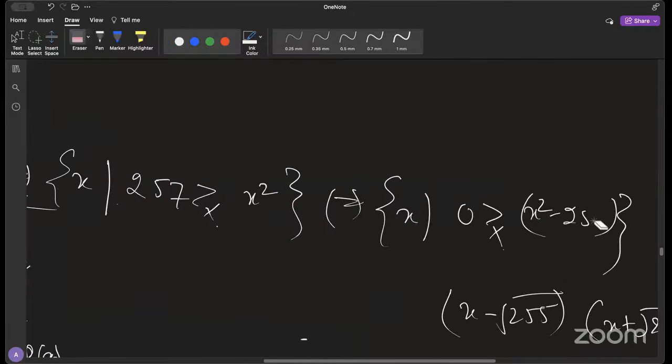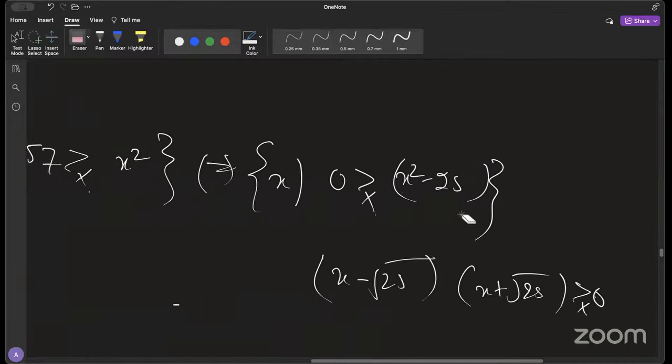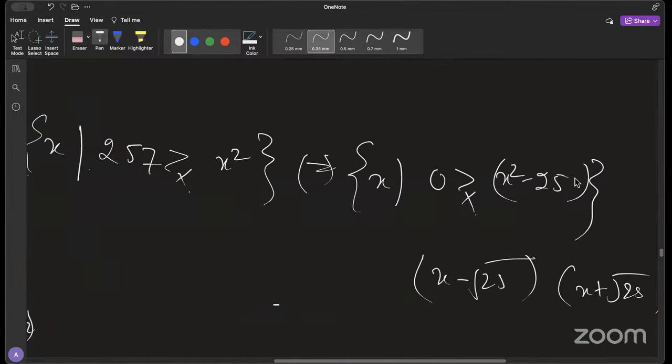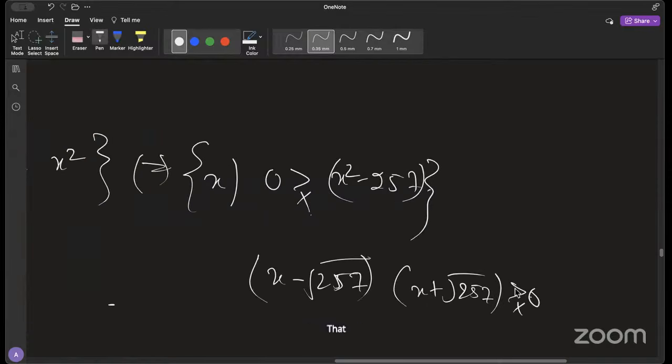We have 257 here. That means if you want this quantity to be less than 0, this time we want this to be less than 0.